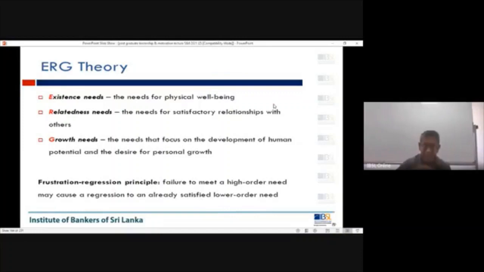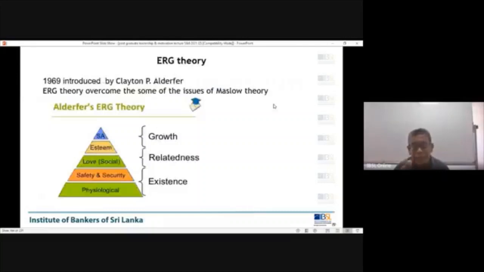Basically, he divided Maslow's needs into three segments. Safety, security, and physiological needs he put together as existence needs. The social needs he took as relatedness.